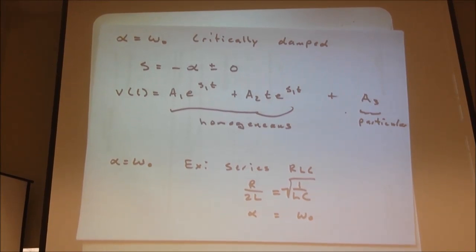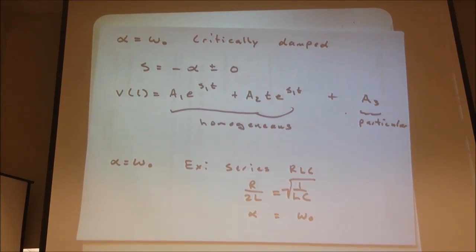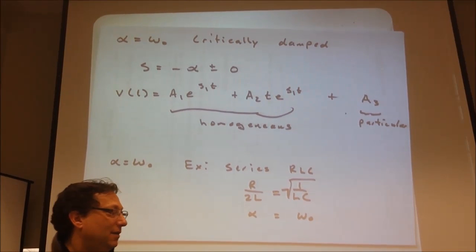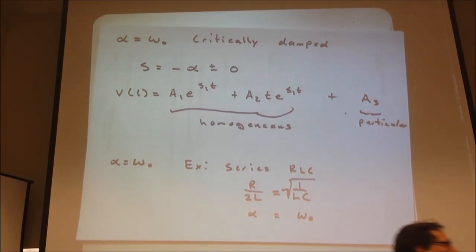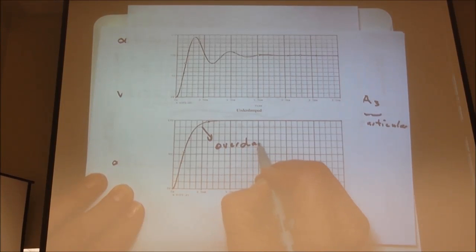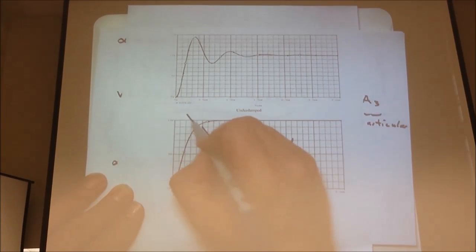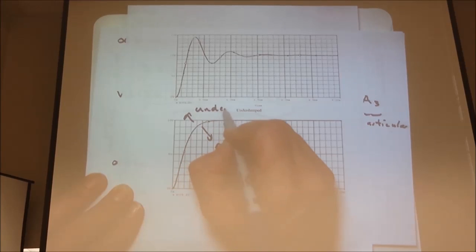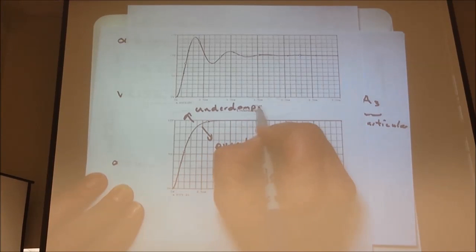So what does the critically damped case really represent? Well, it represents two things. It gives me another problem to assign to you. But more practically, it represents a boundary between overdamped and underdamped. So if this moves this way, we're overdamped. If it moves that way, we're more underdamped.